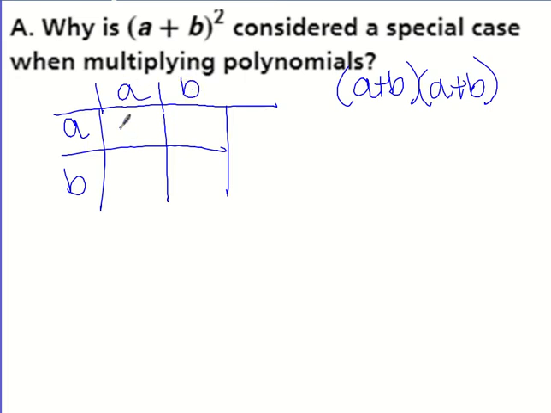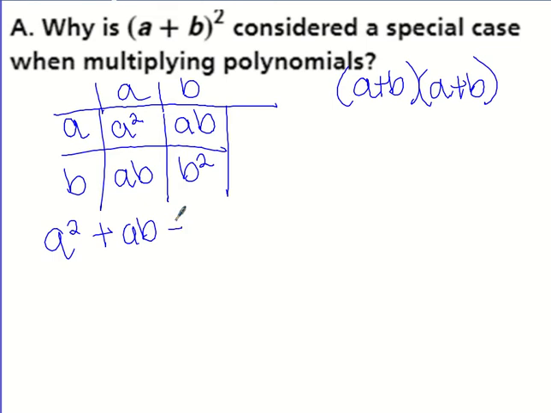So I'm going to put a and b here. I'm going to multiply and get a squared. I'm going to multiply and get ab. I'm going to multiply, get a times b. I'm going to multiply and get b squared. So I now have a squared plus ab plus ab plus b squared.